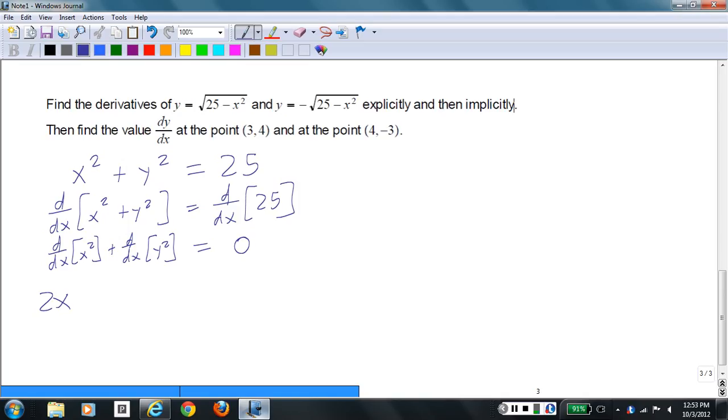See, y could be written like this, or it could be written like this, and it's almost like it's one of those expressions squared. So we have to think in terms of the chain rule.